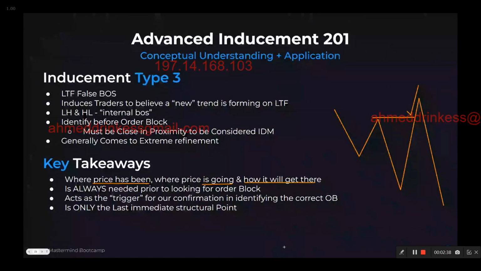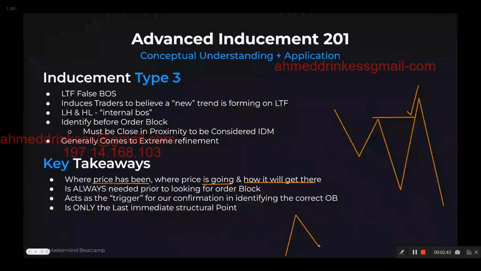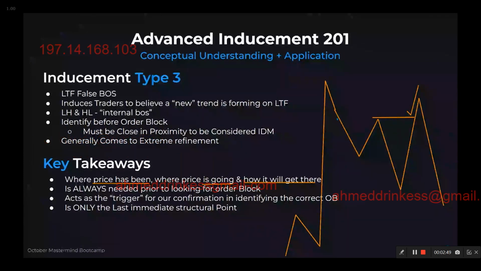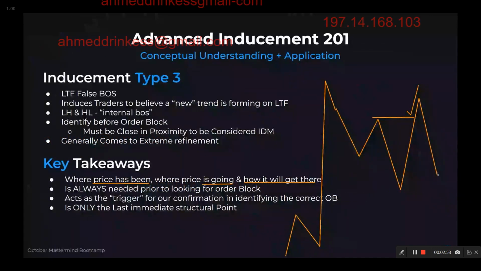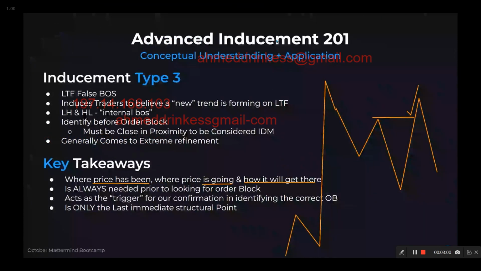Where price is going, let's say you are looking at this. Just say I gotta shift this example a little bit. Based off of this scenario right here, where is price going at this moment in time? If this is where price has already been, where's the immediate place that it's going?